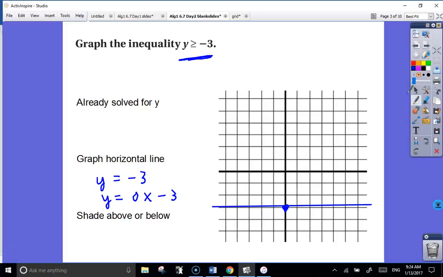Okay, and we can still use the rule, right? If it's a greater than, shade above. If it's a less than, shade below. So this is greater than or equal to, so shade above. So if it's just y greater than a number, then it's a horizontal line. You've got to determine solid or dashed, above or below. That's it.